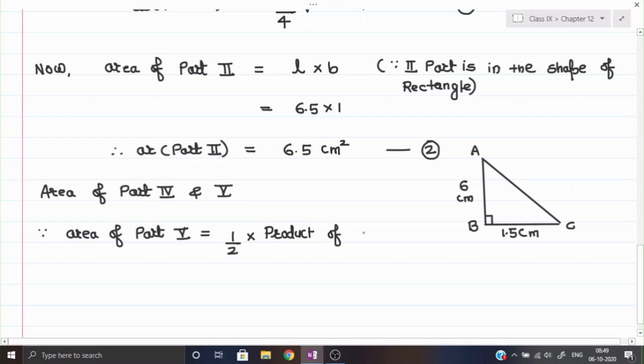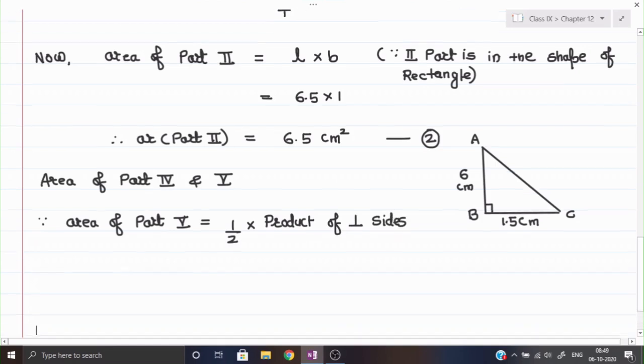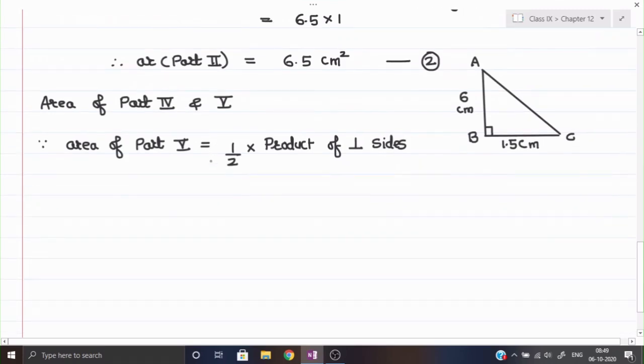This is the formula for area of right angle triangle. So who are the perpendicular sides here? AB and BC. So that we shall multiply here.